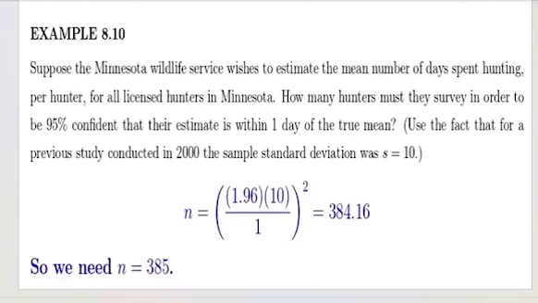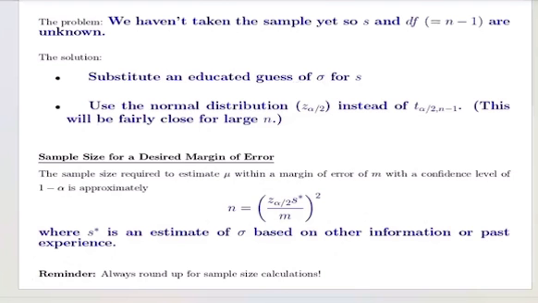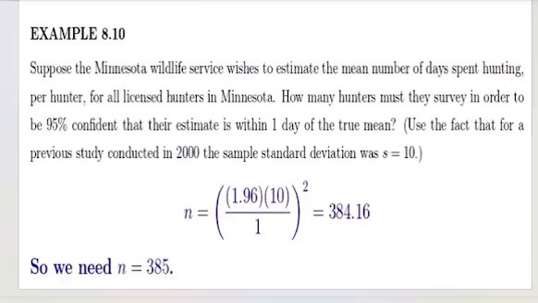Take a look at this example. Suppose the Minnesota Wildlife Service wishes to estimate the mean number of days spent hunting per hunter for all licensed hunters in Minnesota. All licensed hunters in Minnesota is the population.